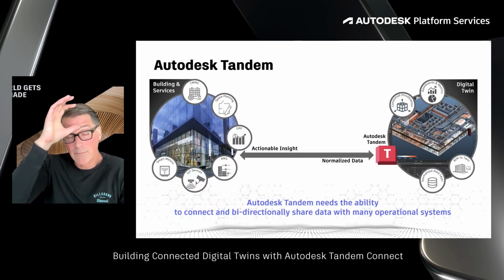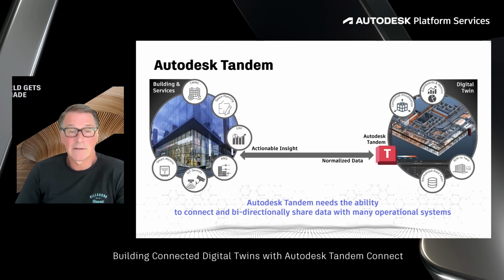Okay, so as I just said, on the right-hand side is Tandem that gives you the digital context of that physical space, the real world physical space. But you have all these systems on the left-hand side that are on-site in the real world grabbing data. So you have things like smart meters and IoT devices and building management systems. And those are sensors that are sending data in about what's really happening in the physical world.